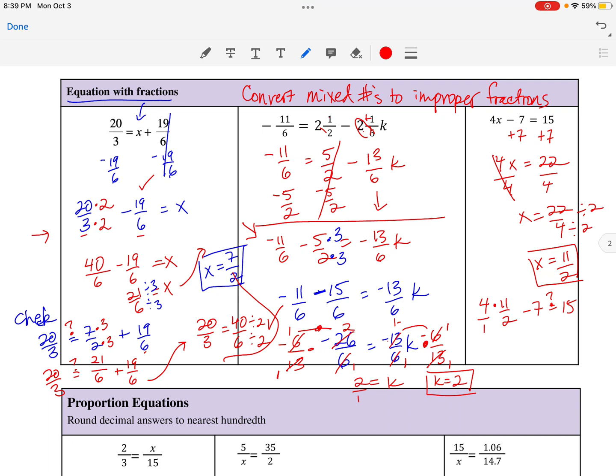I can do my cross-canceling here first. 2 divided by itself is 1, and 4 divided by 2 is 2. So the top is 22. The bottom is 1, so it's just 22 minus 7. Is it true that 22 minus 7 equals 15? Yes, it is true. So we have solved correctly. Okay, fantastic.